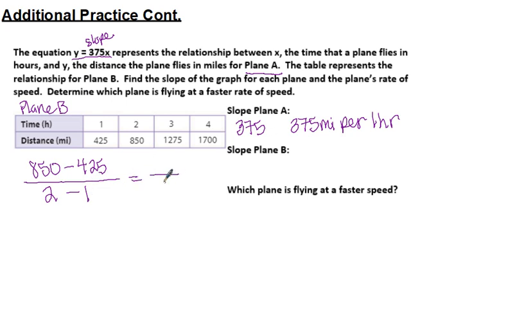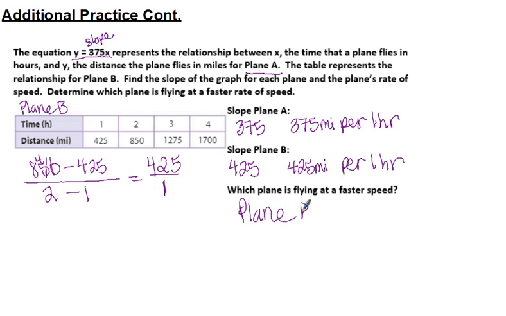Well, 2 minus 1 is nice and easy. That's just 1. And then we're going to borrow: 10 take away 5 is 5, 4 take away 2 is 2, and 8 take away 4 is 4. And so there's the slope. So it's 425. We would say its unit rate is 425 miles per 1 hour. Now that we have them in the same unit, per 1 hour, we can compare them. And so hopefully you said plane B.